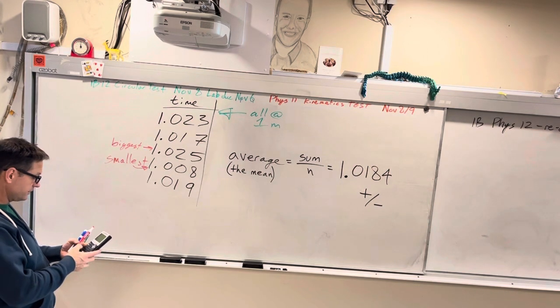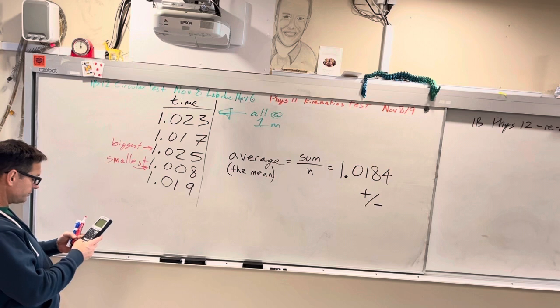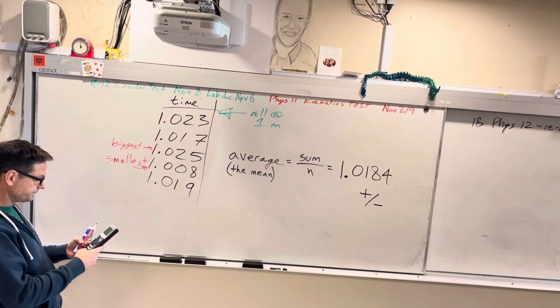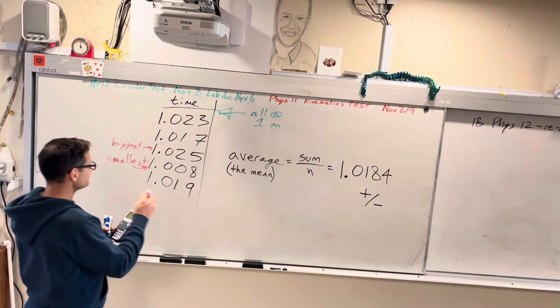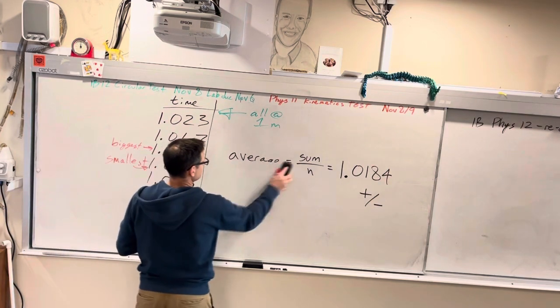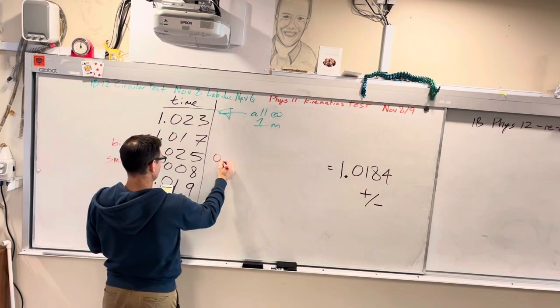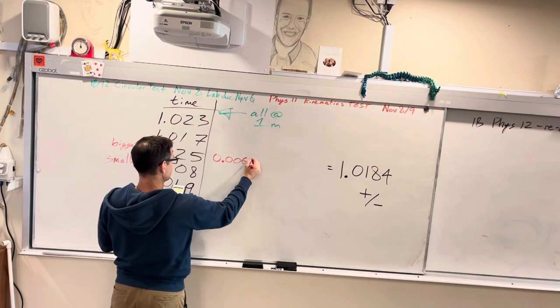So you go 1.025 minus the answer from the last one. 0.017. So this is going to be, the difference here is 0.0066.